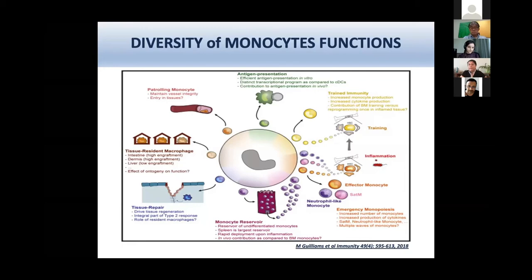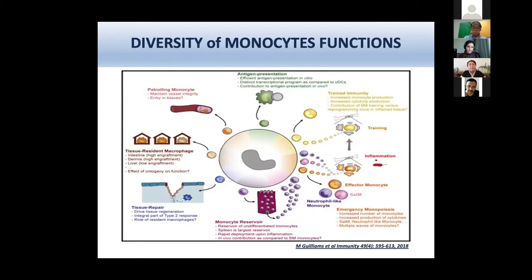They increase monocyte production, increase cytokine production, and stimulate the bone marrow to produce more monocytes when there is any type of inflammation, cancer, or disease. Especially after inflammation, they come into action very quickly.